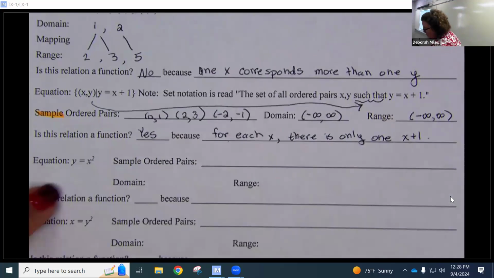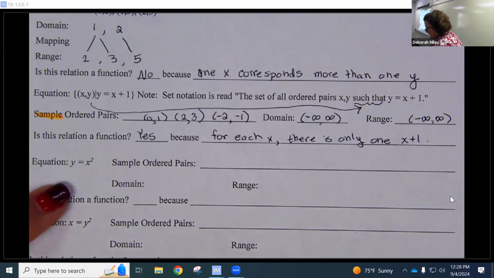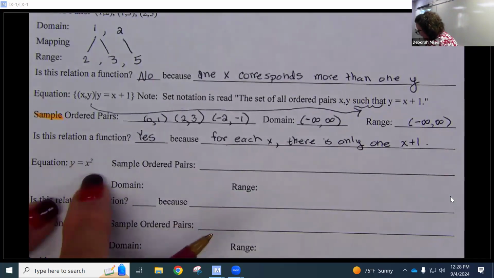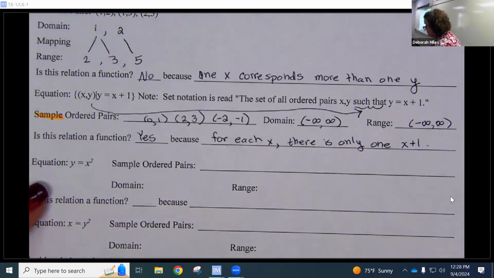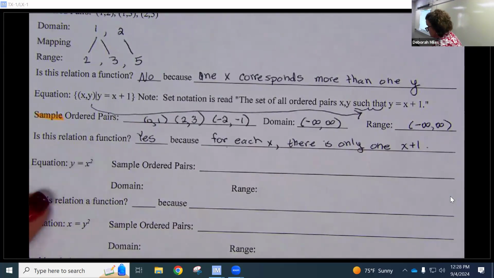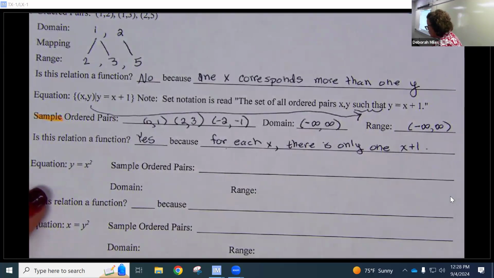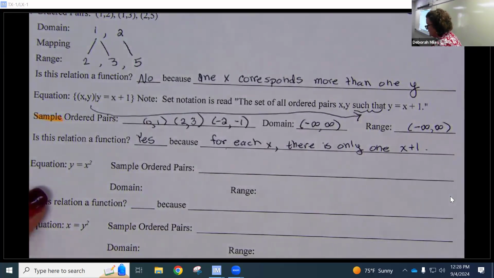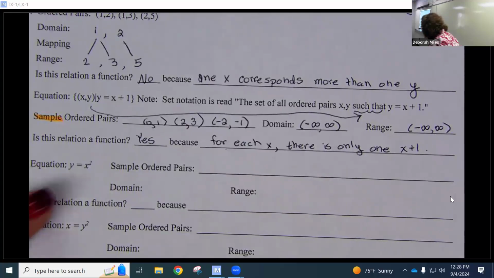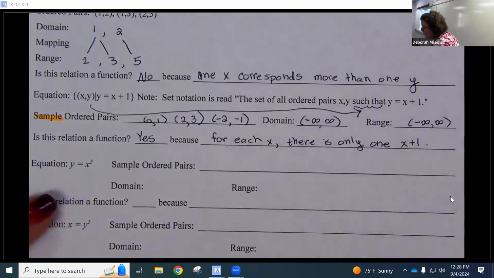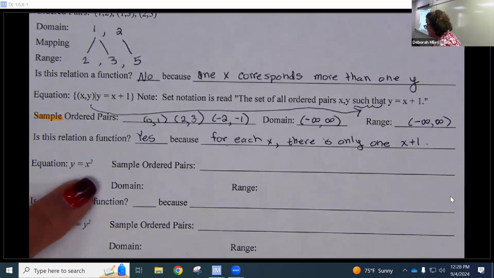Right? Number 6, what about the relation y equals x squared? Give me some ordered pairs where the y is the square of the x. Give me one. The y is the square of the x. Yes, please give me an ordered pair where the y is the square of the x.